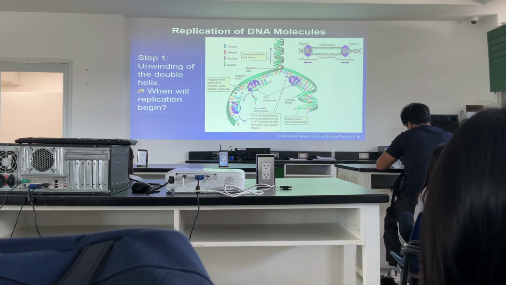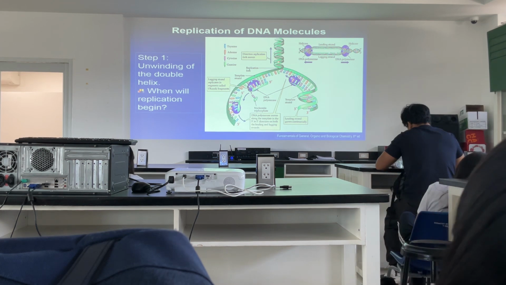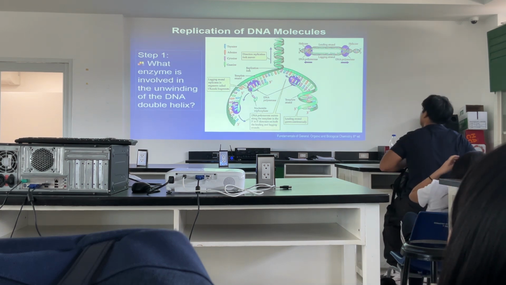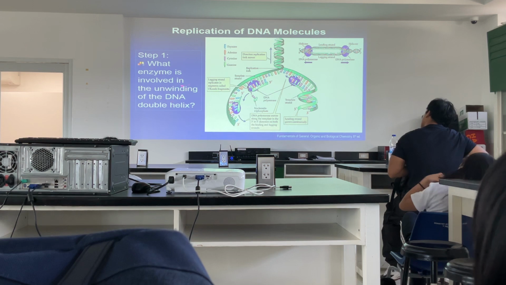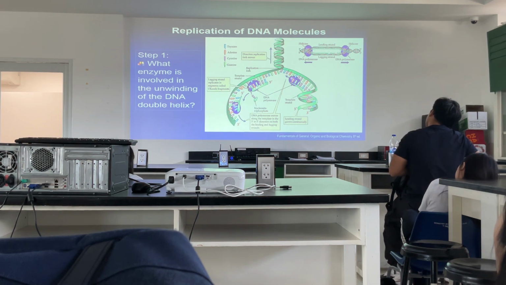The replication fork moves in this direction, going up. If this is the 5' end of this polynucleotide chain, then that is the direction where the replication fork will move. So what enzyme is involved in the unwinding? So we said DNA helicase.